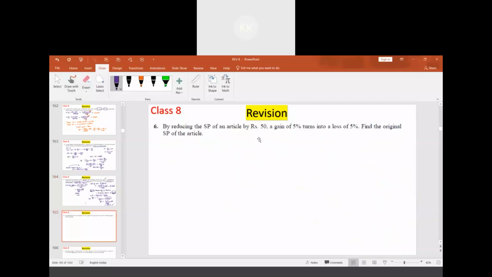Question number 6 now. By reducing the SP of an article by rupees 50, a gain of 5% turns into a loss of 5%. Find the original SP of the article.